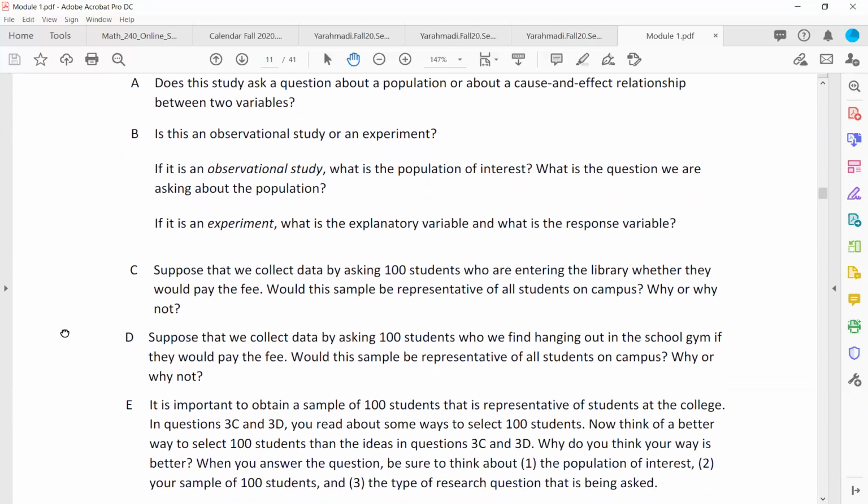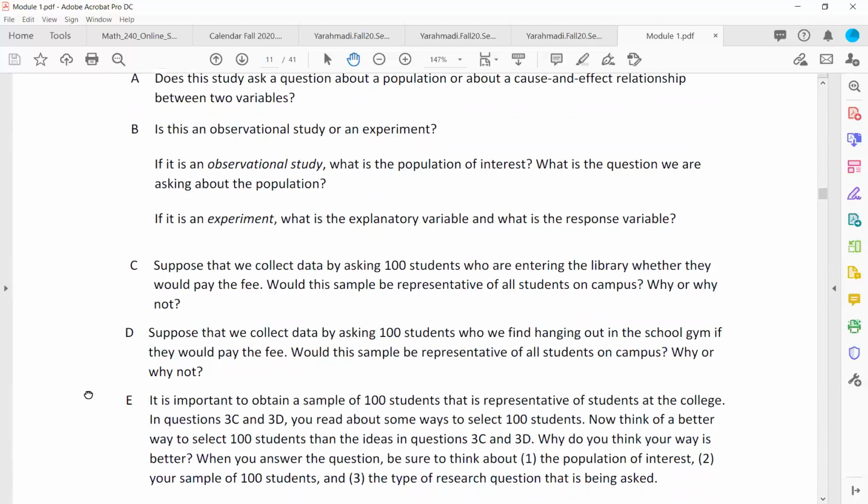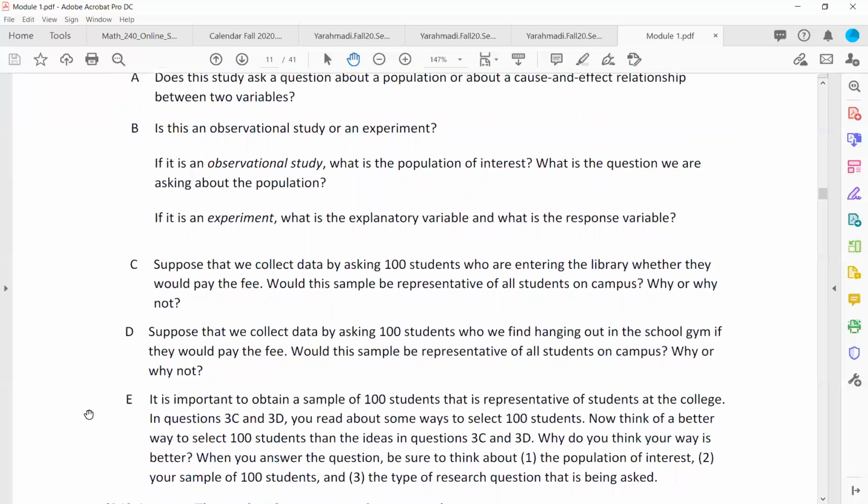D, suppose that we collect data by asking 100 students who we find hanging out in the school gym if they would pay the fee. Would this sample be representative of all students on campus?